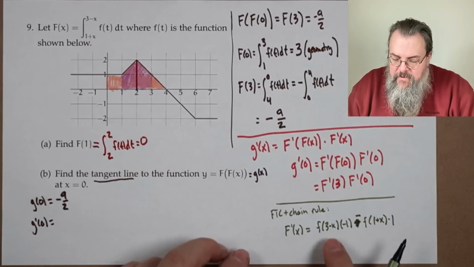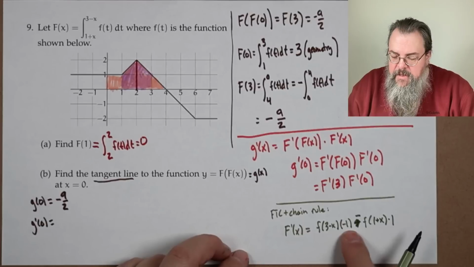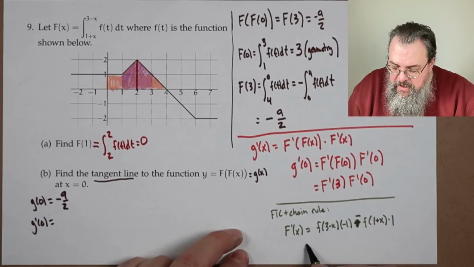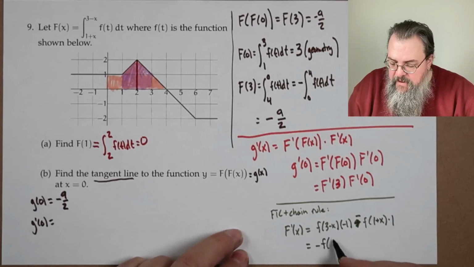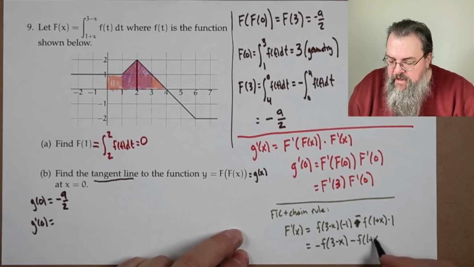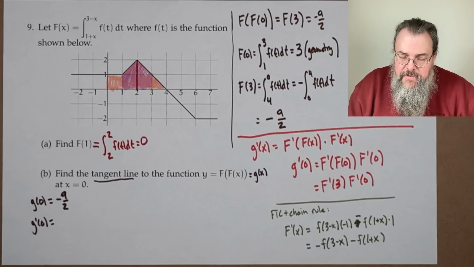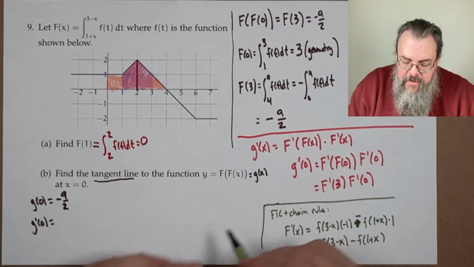Right? So it's plug in the top times the derivative of the top minus plug in the bottom times the derivative of the bottom. Or, if you like, this is minus f of 3 minus x minus f of 1 plus x. Okay, so we almost have enough space to finish this off, and we're going to do it.